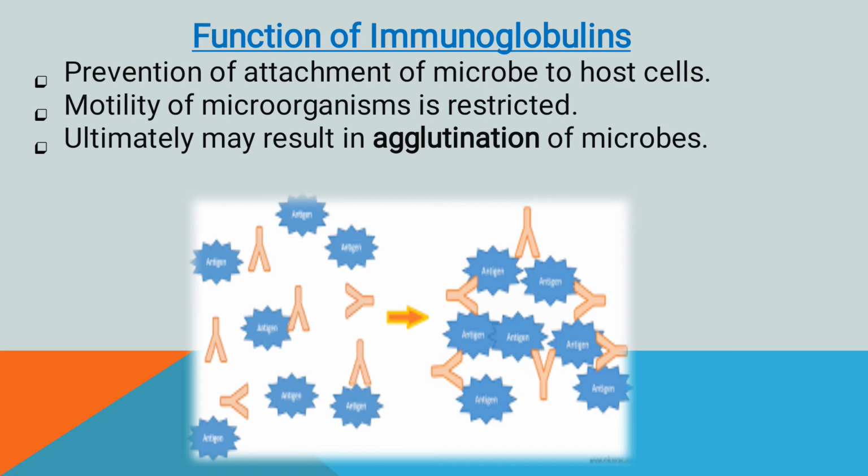They also help in restricting the motility of microorganisms. Immunoglobulins are also responsible for the agglutination of microbes, hence they cannot move and do not attach to the host cell. In this way immunoglobulins are helpful in performing these functions.